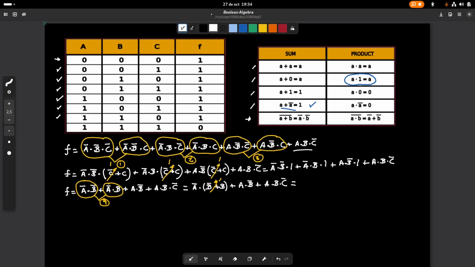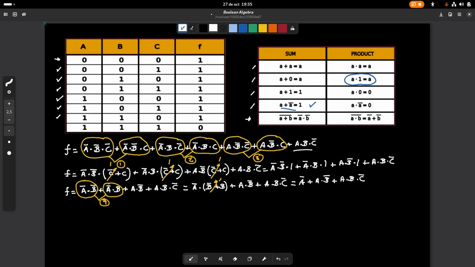So I rewrite my function as A negated or A and B negated or A and B and C negated. So we could think that this is the simplest form of the logical function we are trying to minimize.